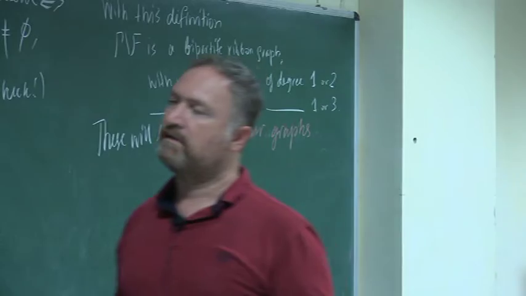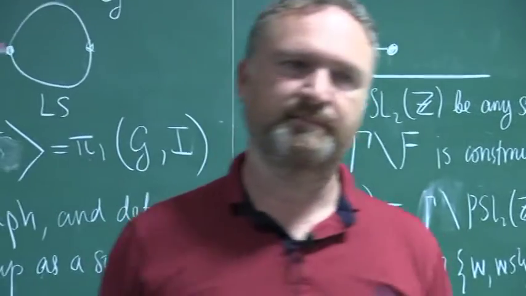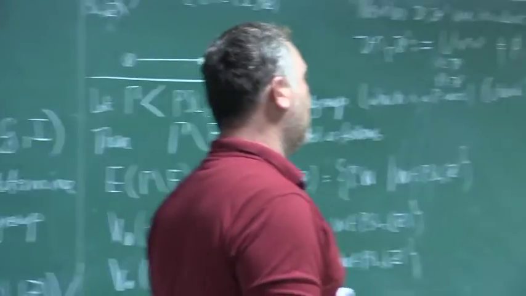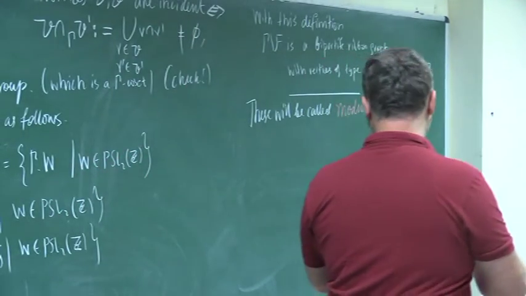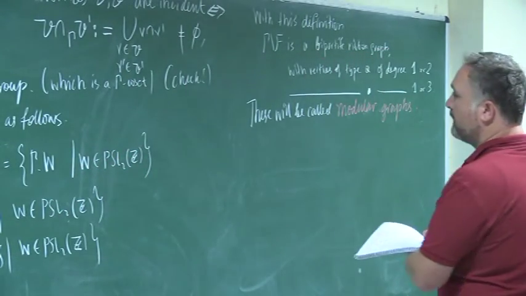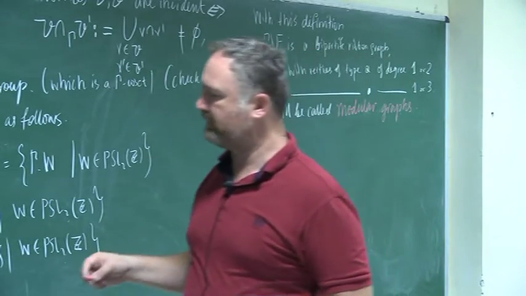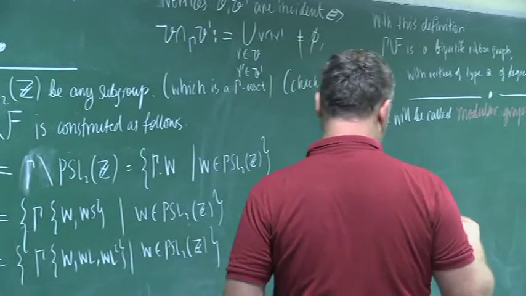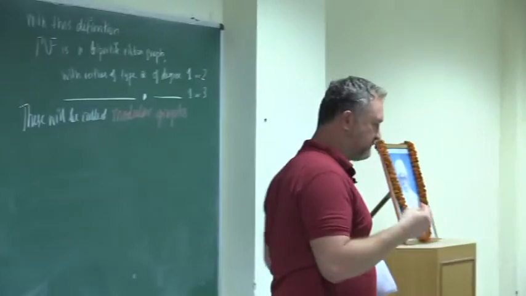So all the graphs I have drawn on the table were modular graphs. But there are more modular graphs than this. Let me say that a graph which is isomorphic to a modular graph is also called a modular graph.